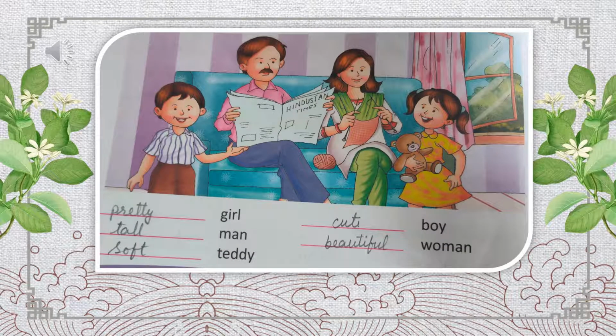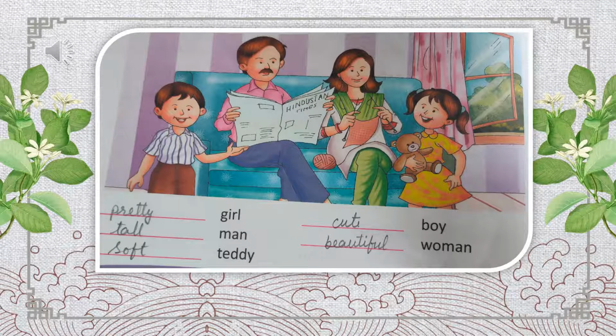This activity is also the continuation of the last activity, where we have seen the pictures and given a suitable adjective for the given noun. Here also a family is sitting and the nouns are already given. We have to write a suitable adjective. Girl. How the girl is?